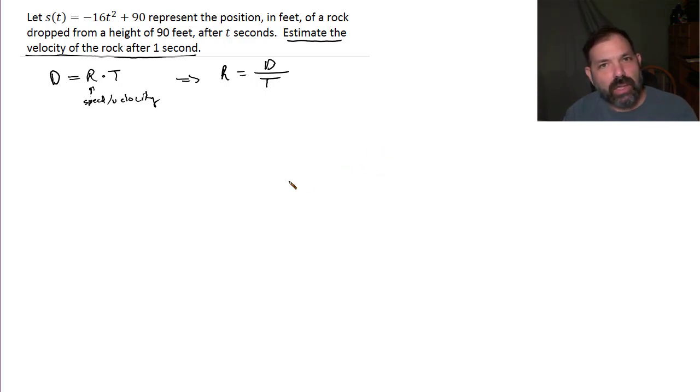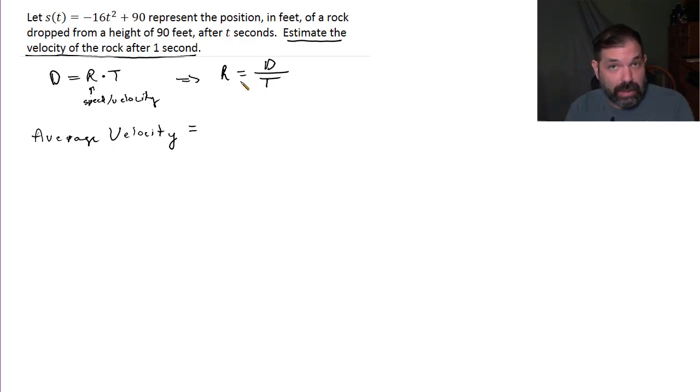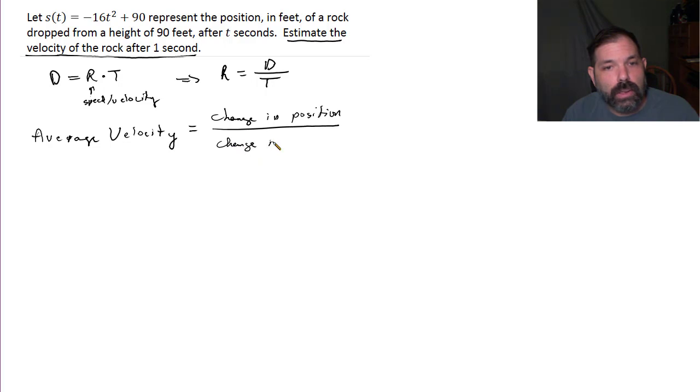However, let's change this a little bit. Instead of a constant, the average velocity over a time interval is going to be the change in position, a distance, over a change in time.